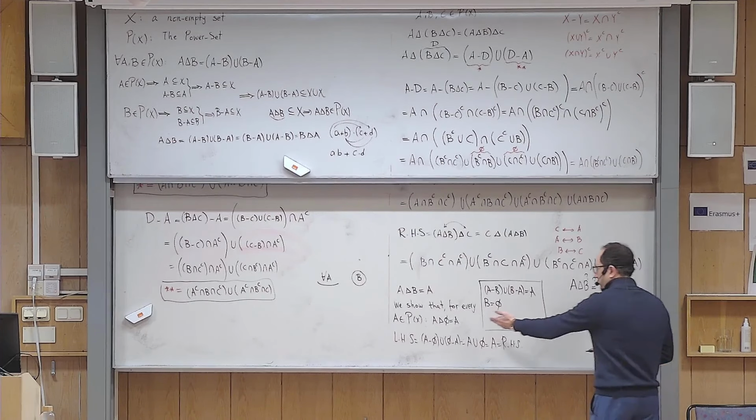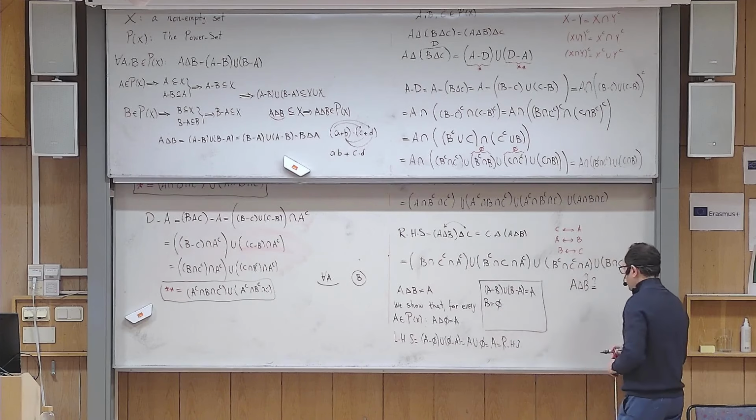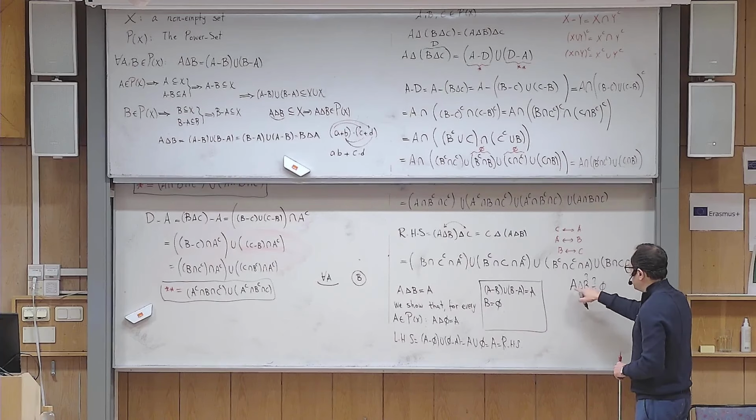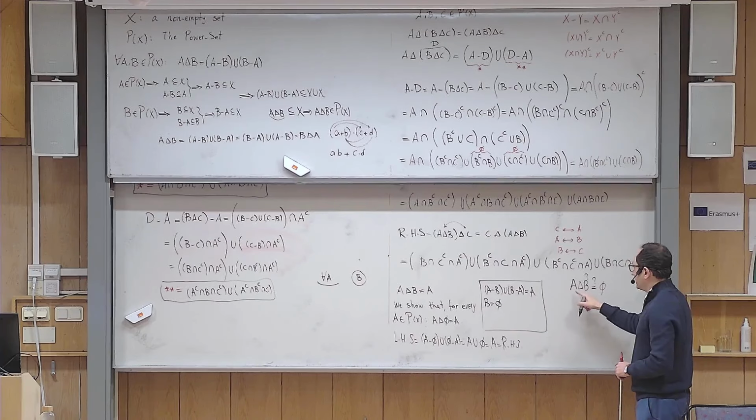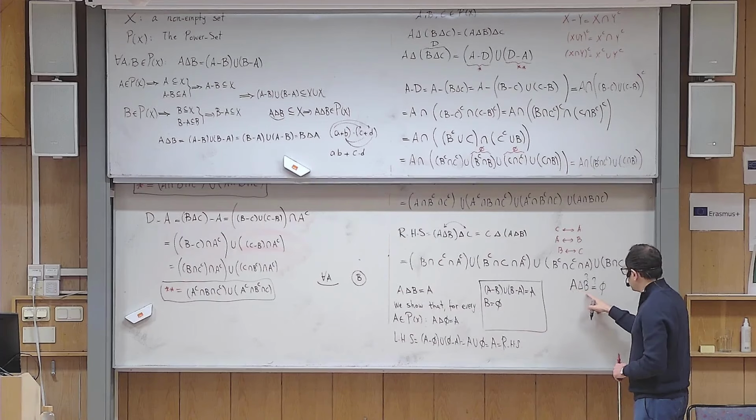But in the previous case, we confirmed that the empty set is the identity element. So you have to show that if you give me any set from the power set, I can find another set in the power set so that this result is the empty set.